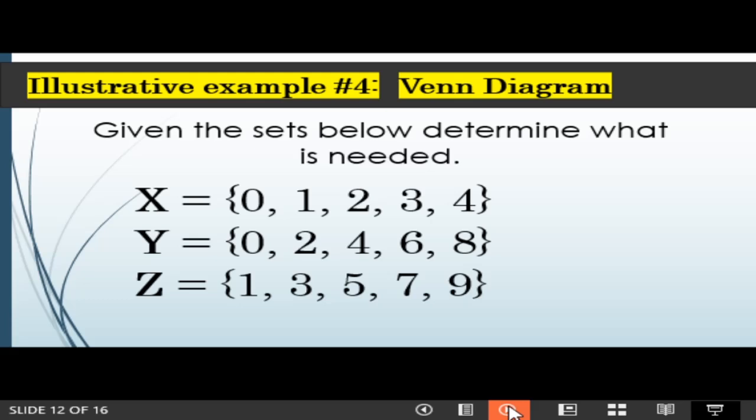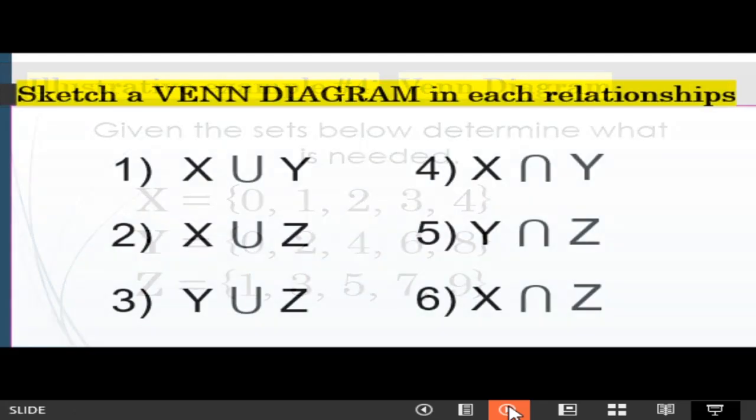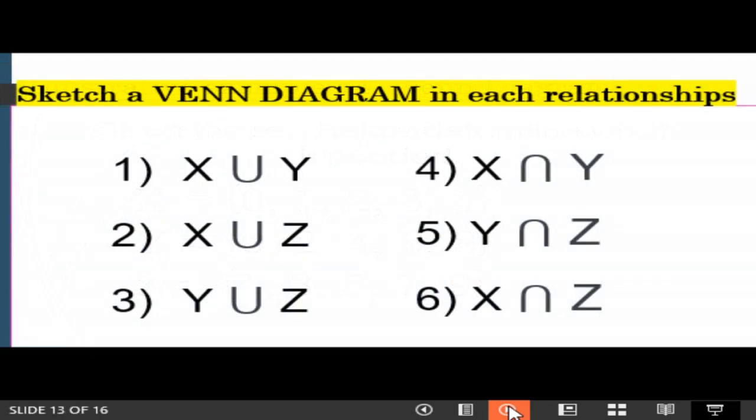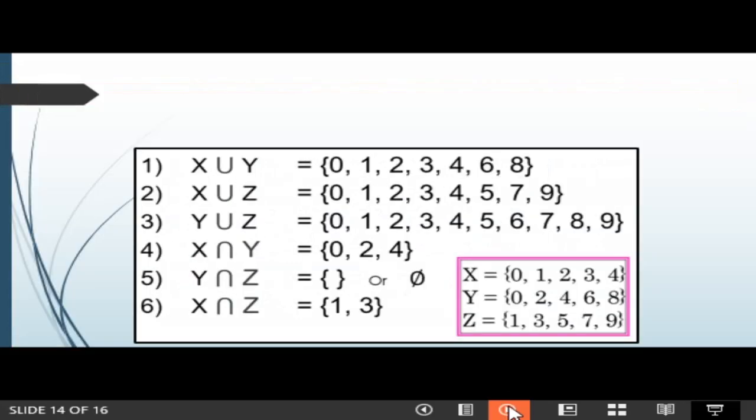So let's take another example of making a Venn diagram using the following sets: set X, set Y, and set Z. Since we already answered those questions, the only thing to do for now is to make a sketch of a Venn diagram. For number 1, the union of X and Y. When making a Venn diagram showing the union of two sets, we need to shade the two geometric figures like this.